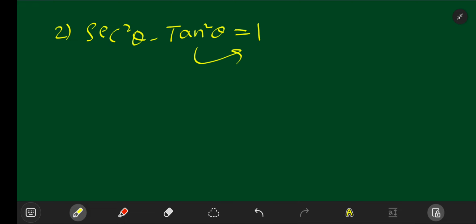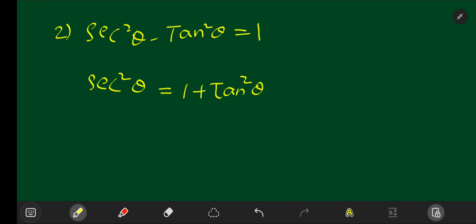Second identity. Sec square theta minus tan square theta is equal to 1. Send tan square theta to the right hand side: sec square theta is equal to 1 plus tan square theta.